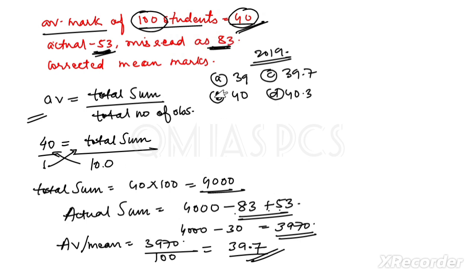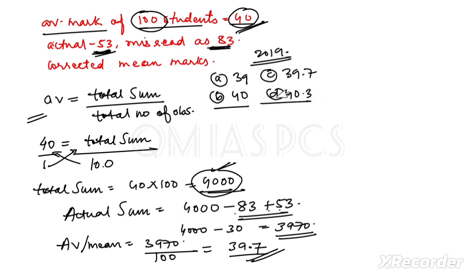We have written 83 in this 4000, and now we have to replace it with 53, right? What I am trying to say is our total value will be lesser than this value. If you replace 83 by 53, obviously the total sum will be less than the wrong sum. When the total sum is lesser, then obviously the mean will be lesser than 40.